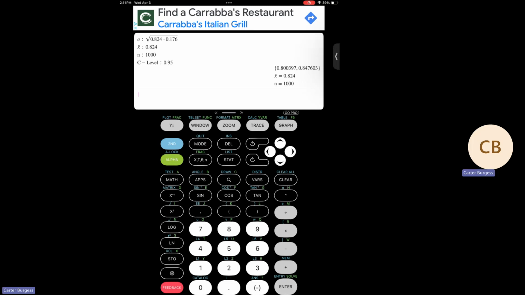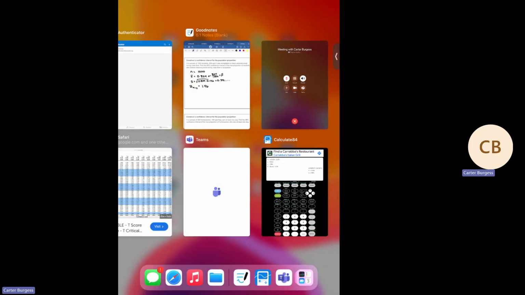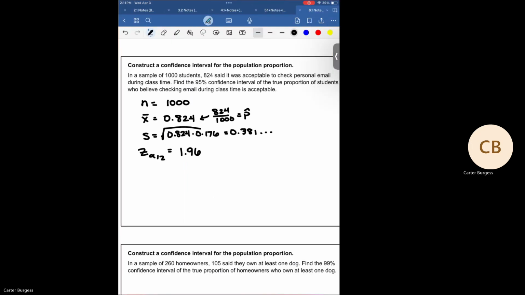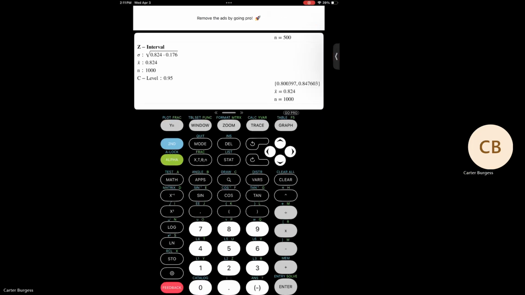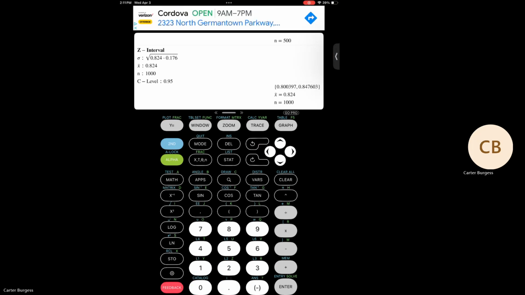All right, apparently we are between 0.800 and 0.848. That's for s. Taking the square root of that. And that's the interval. Yep.